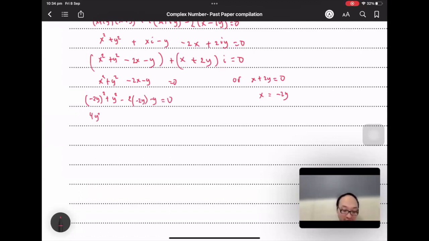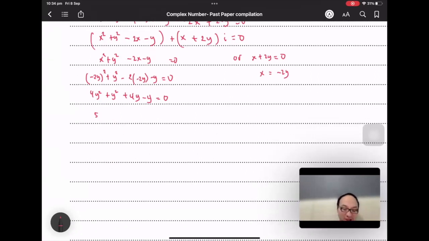So 4y squared plus y squared plus 4y minus y, so 5y squared plus 3y equals 0, y(5y plus 3), so y can be 0, or y can be negative 3 over 5.